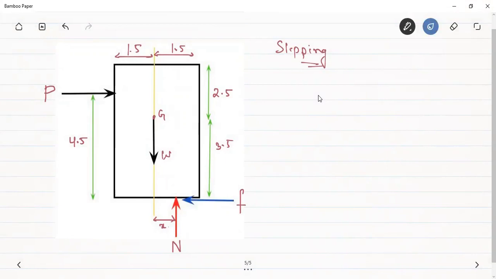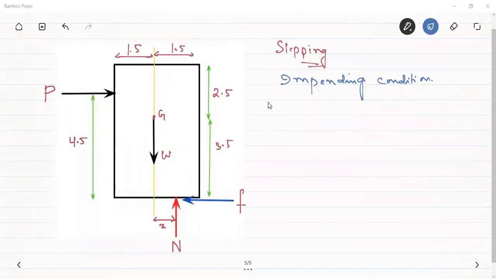Since it is talking about the minimum force to cause the slipping, or the maximum force to avoid slipping, we have to check for the impending condition.